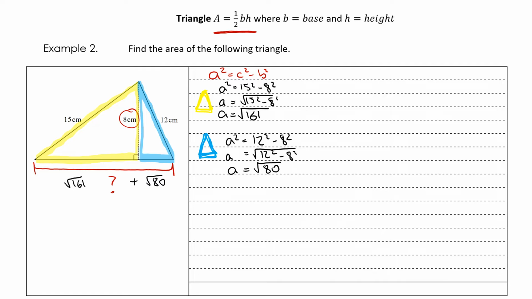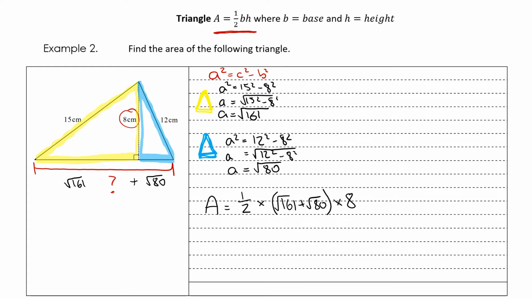So to find the area, capital A for area, we're going to do half times the base, which is the square root of 161 plus the square root of 80, times height, which is 8. The reason I've left the base like that is because I don't want to round before I get to the end.